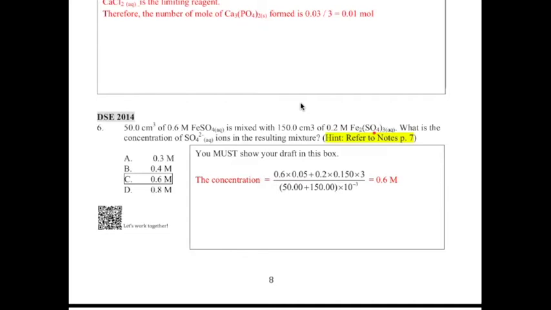So when you calculate the number of mole for sulfate ions in iron 3 sulfate solution, you should not only multiply the molarity times its volume, but also multiply by 3, due to the subscript here. Each one formula unit will release 3 sulfate ions. Then you add them up, divide by the volume, and that will give you the concentration. Quite a lot of students just miss this part, multiplying by 3.